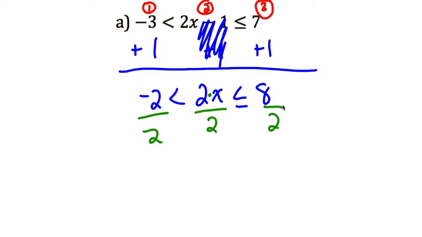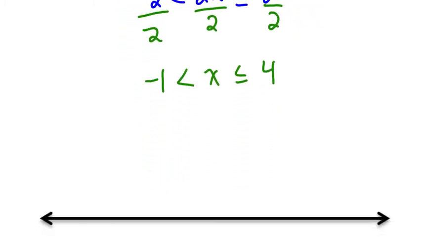That only happens when the number in front of the x is a negative. If this was a -2 here, then we would do that, but since it's a positive 2, we don't flip signs. So -2 divided by 2 is -1, is less than, 2x divided by 2 is x, is less than or equal to, 8 divided by 2 is 4.